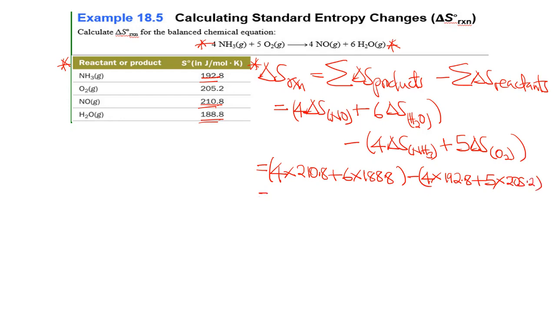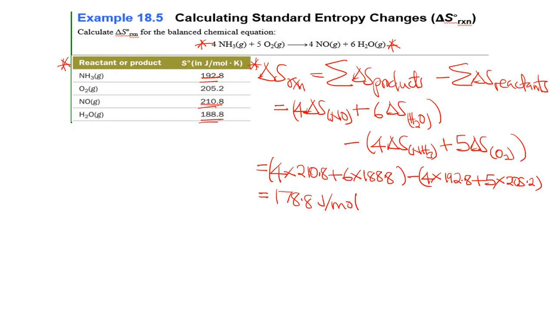When we add these, we find that our answer is 178.8 joules per mole.